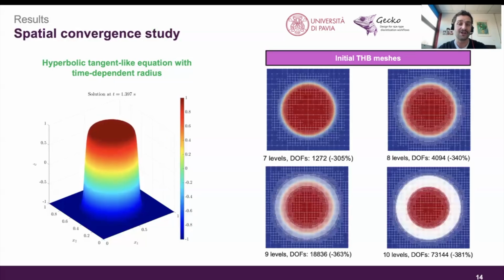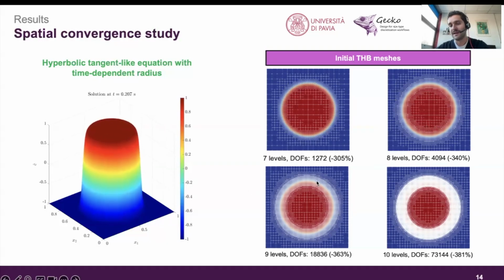And these essentially result in such meshes, where we have fine discretizations across the interface, and coarser discretizations elsewhere, wherever we are in the equilibrium phase, which is either the red or the blue.